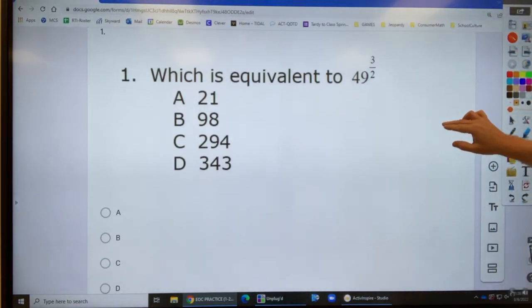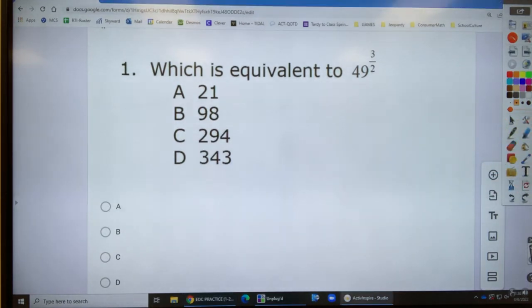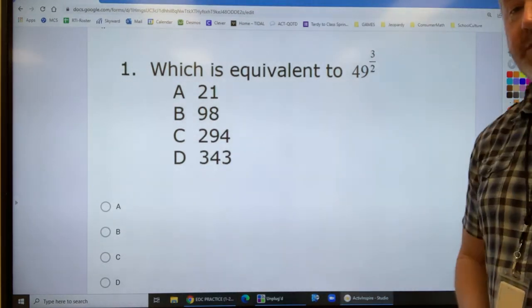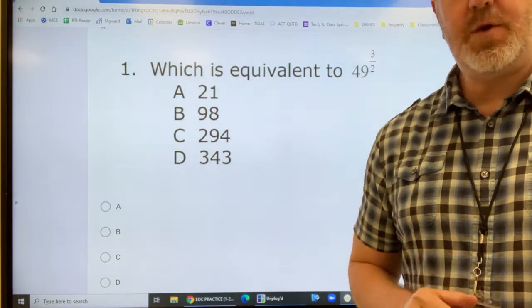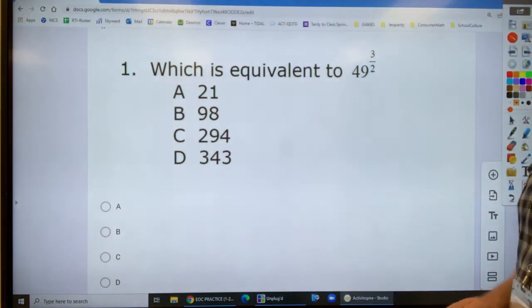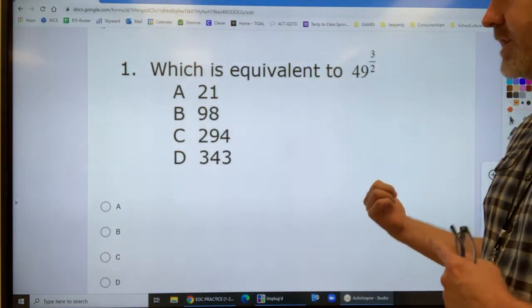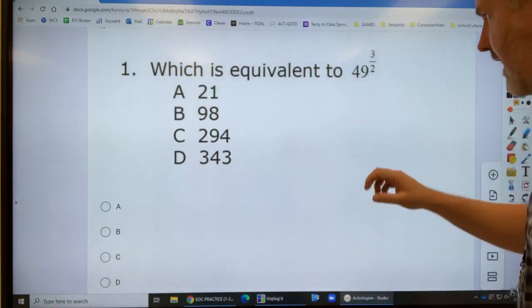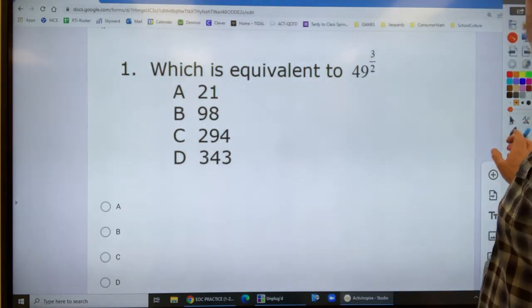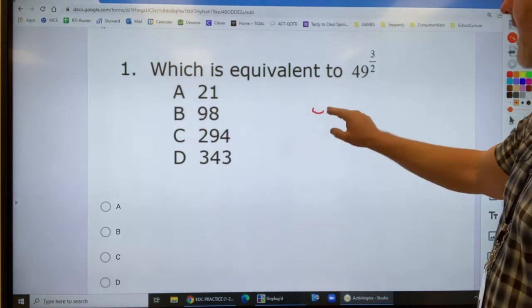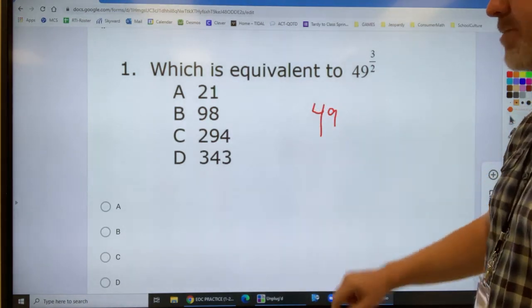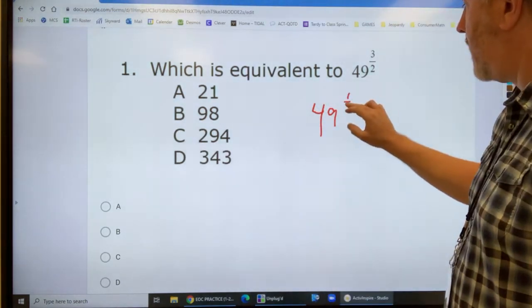Number one, which is equivalent to 49 to the 3/2 power. First of all, you have a calculator. If this popped up on the section without a calculator, then you would rewrite this. You should identify 49 as a perfect square at this point in the year.